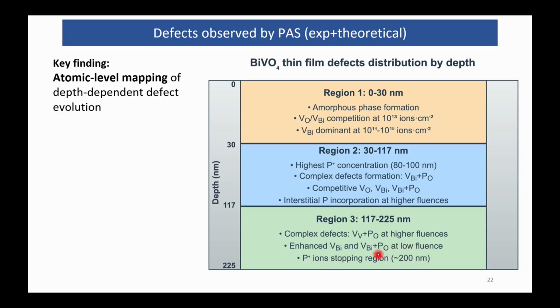So this conclusion is in good agreement with other methods. It's like a cross-check, and they support each other. So by positron and by theory, we see very detailed defect points.